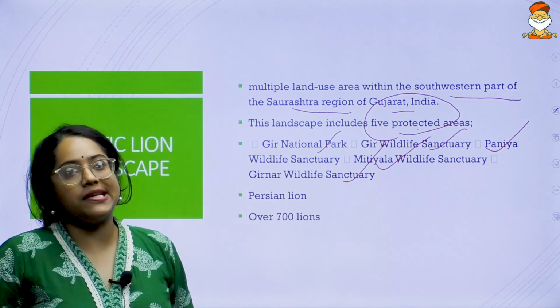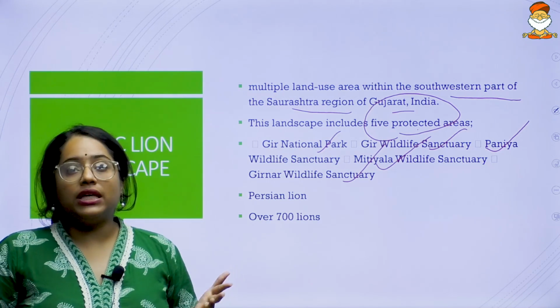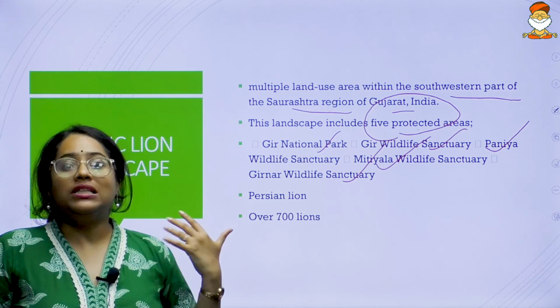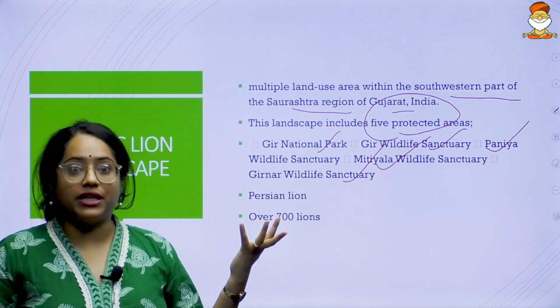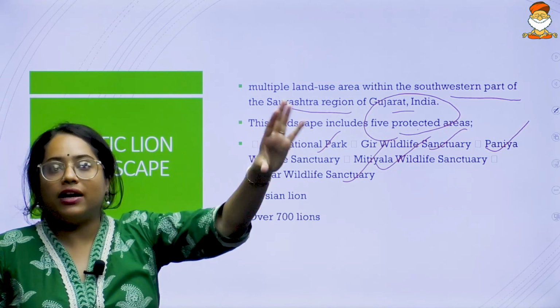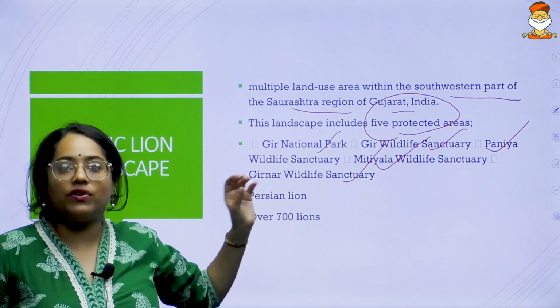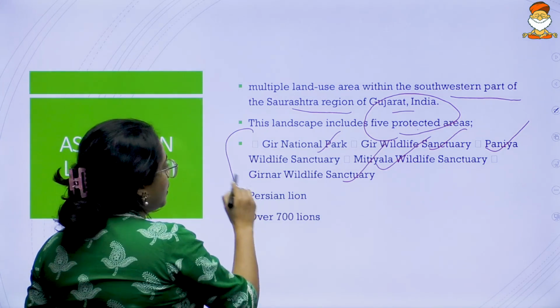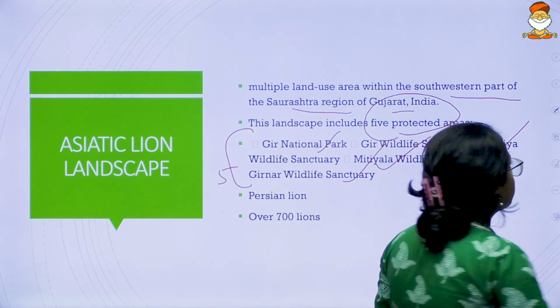This is just in India. Across all of these areas, you have almost 700 lions that need protection. In the long run, India is planning to extend this to other countries also. But as of now, the Asiatic lion landscape involves these 5 protected areas in India.